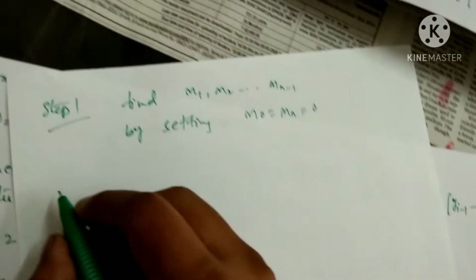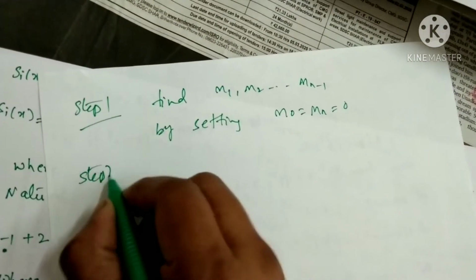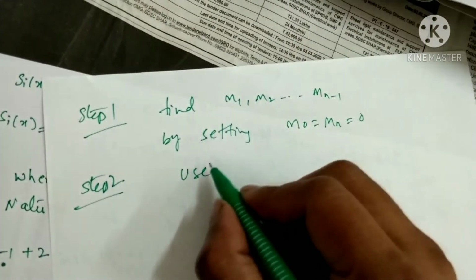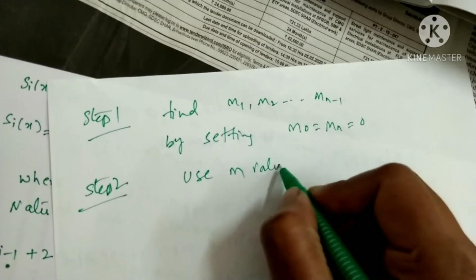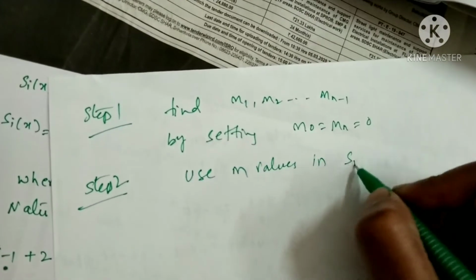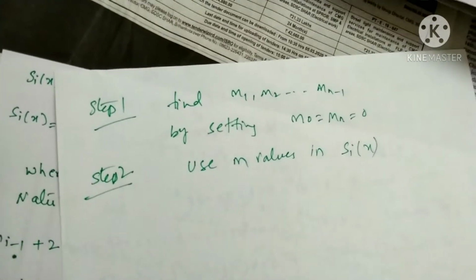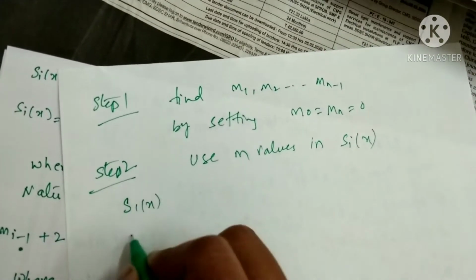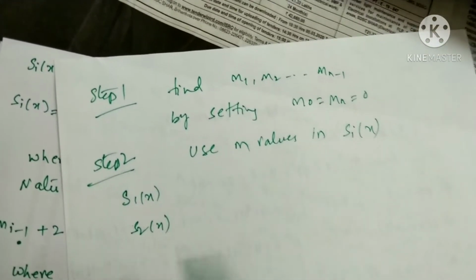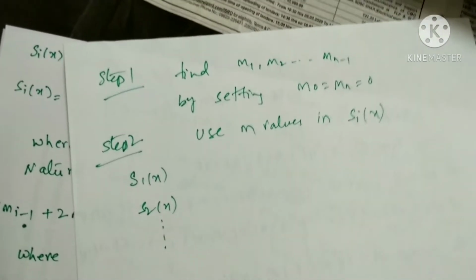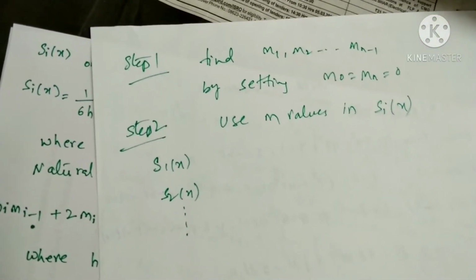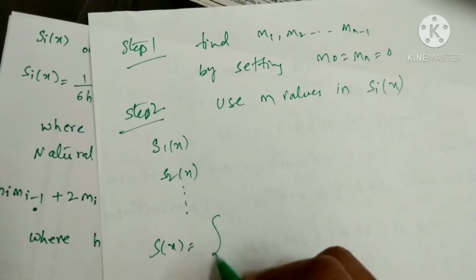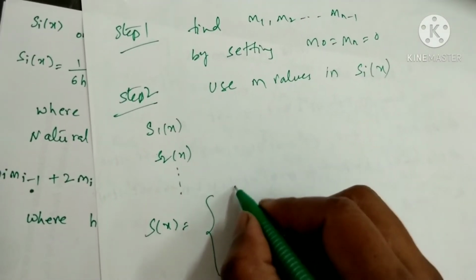After obtaining M values, in the next step we use M values in Si(x), so that we can find S1(x) in the first subinterval, S2(x) in the second subinterval and so on. We proceed the same up to the last subinterval, and finally we have to express S(x) as a piecewise polynomial function.